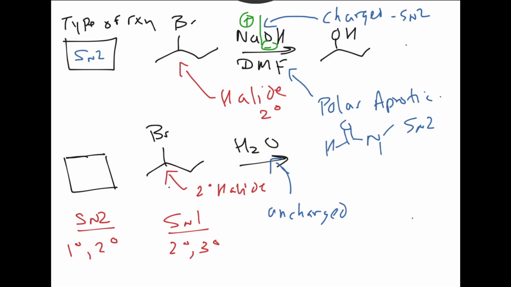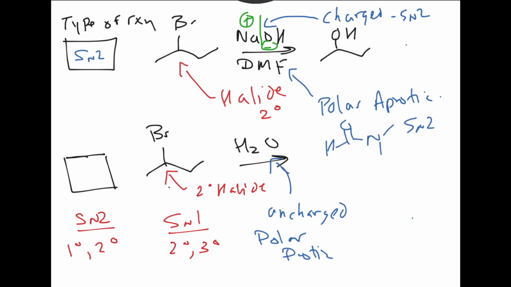And it just so happens that this also is our solvent. Is this solvent polar aprotic or polar protic? Does water have an OH in it? That means it's got hydrogens for hydrogen bonding. So this is a polar protic solvent, right?